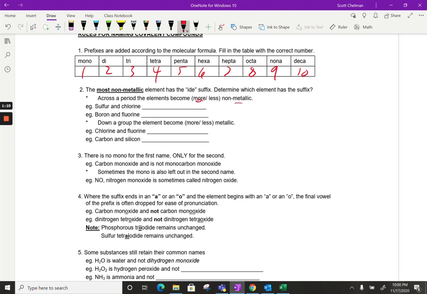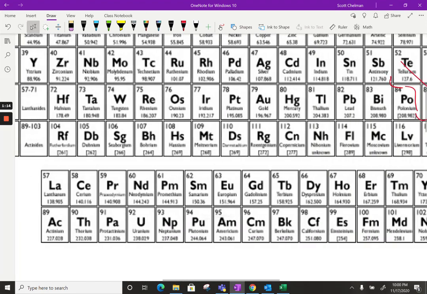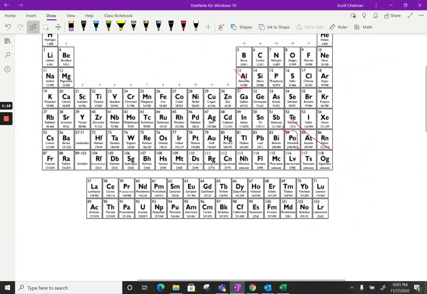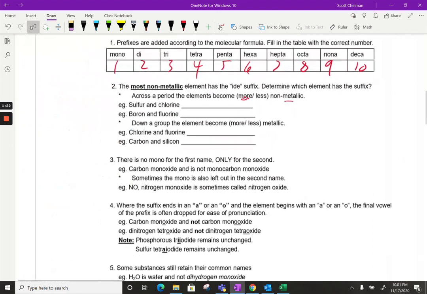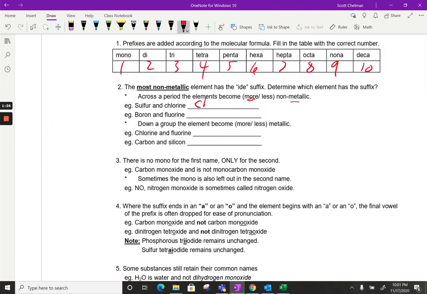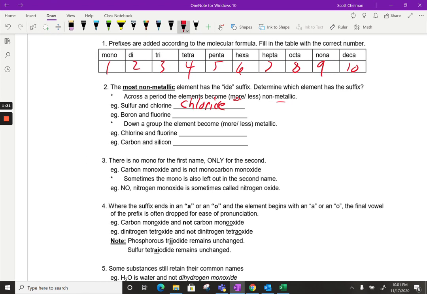So chlorine is further to the right, as you see over here with the periodic table. Chlorine is further to the right than sulfur, so it is going to get the IDE ending. So we put that in there as chloride. And fluoride is further to the right than boron, so that becomes fluoride.